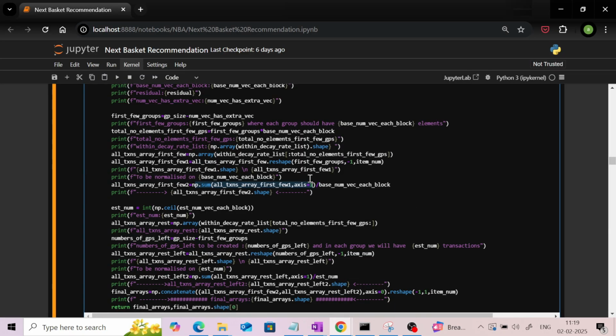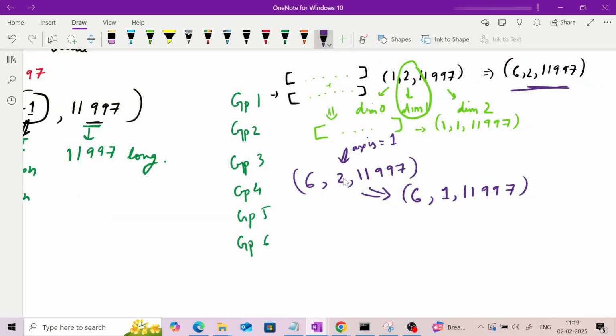And we also do a normalization by dividing it by the number of transactions in each of the groups. So all these intermediate groups are being divided by the number of transactions that were present in each group, so basically two. This is known as normalization.